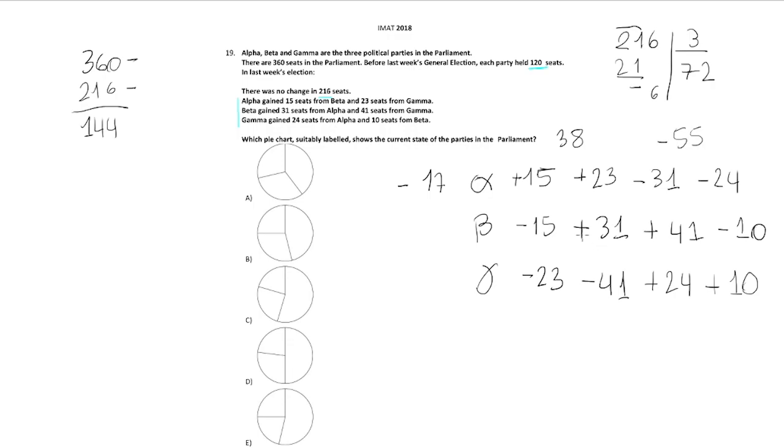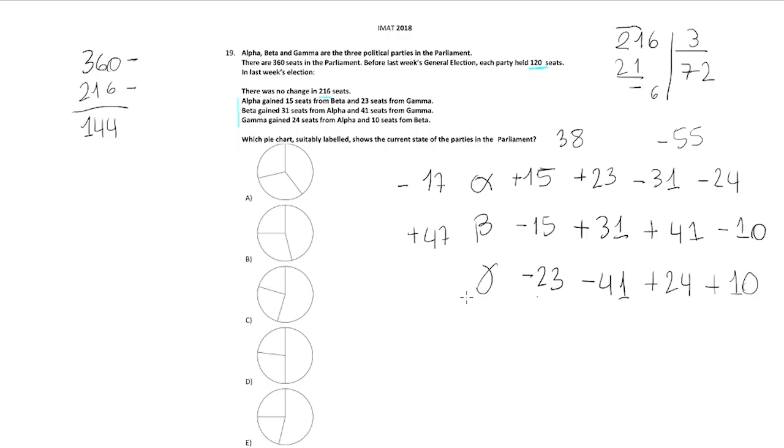Beta gained 72 seats but loses 25, so 72 minus 25 is 47 seats, so plus 47.